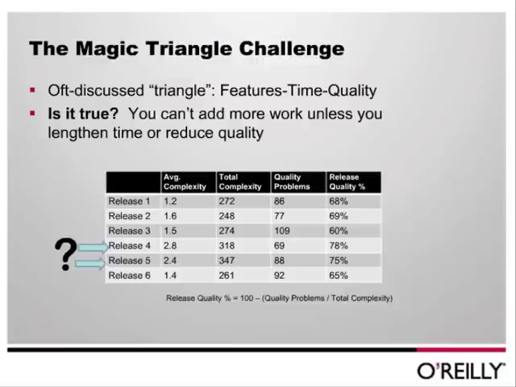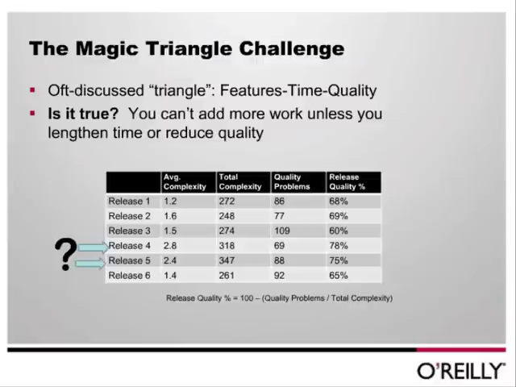So we kept the same time, we added more features, we did not get worse quality, we actually got slightly better quality. And there is an explanation, I believe, in this particular case: in those releases, we knew how important they were, and the team was just more focused and therefore did a better job.